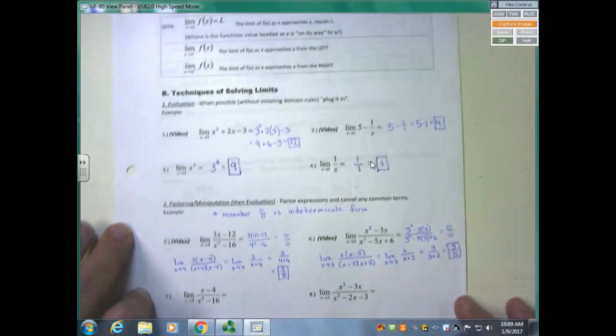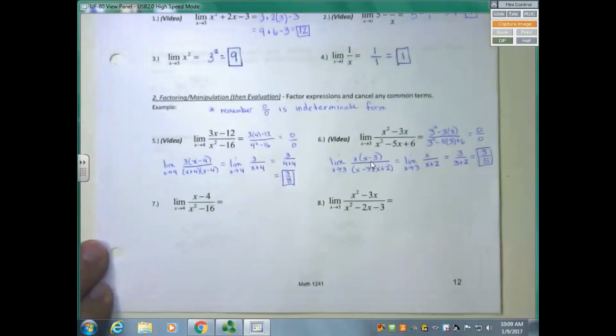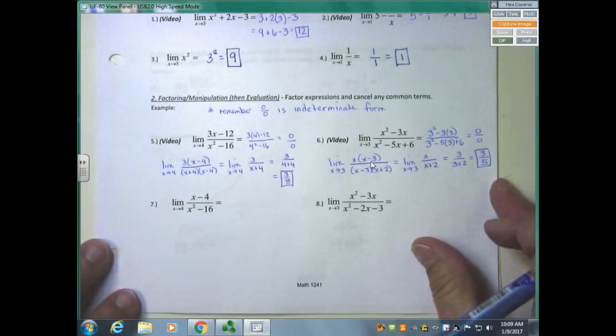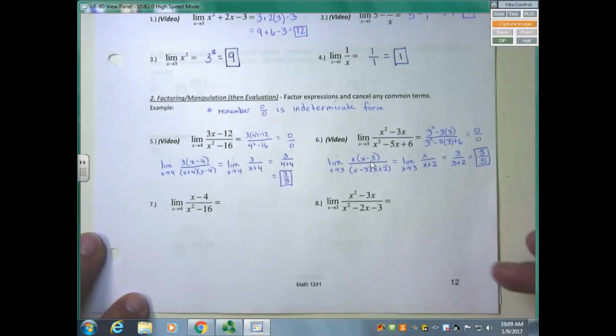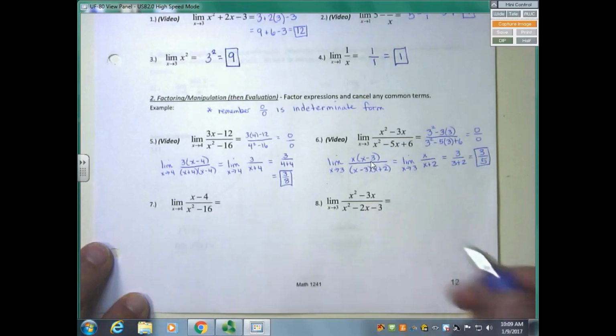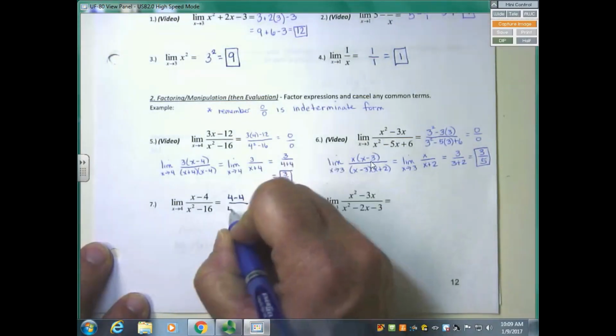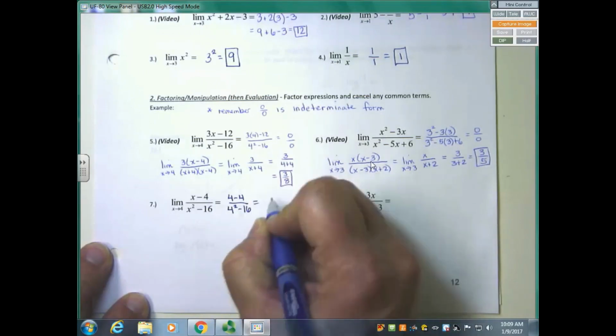Okay? All right. Next thing is looking at what happens when you get that indeterminate form. So still, rule of thumb is plug in your number. Okay, so if I look at number 7, I plug in 4, the limit as x approaches 4. When I plug 4 into this problem, I end up with 0 over 0.